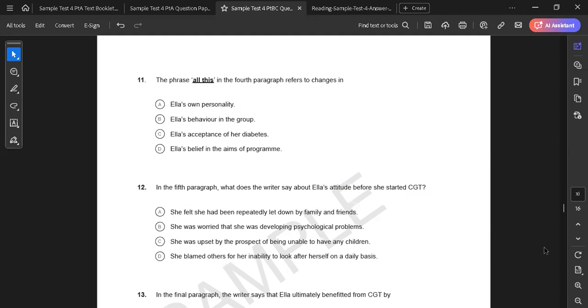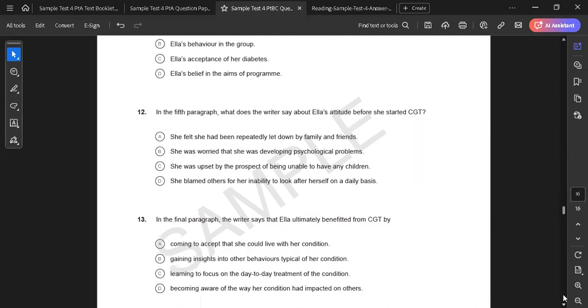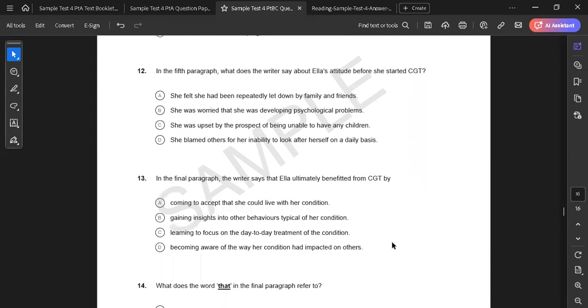You see the question? So you have the questions about fact, you have the question about opinion. Look at these things. Every question is talking about either the attitude, or the opinion, or the fact, or the words.